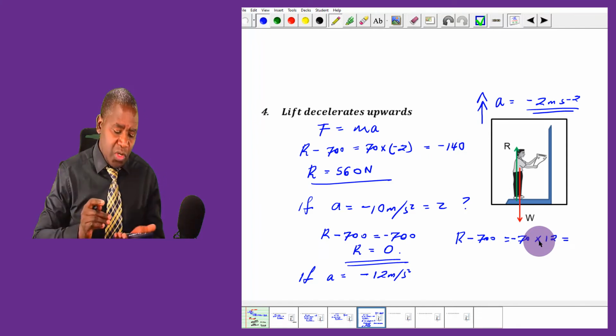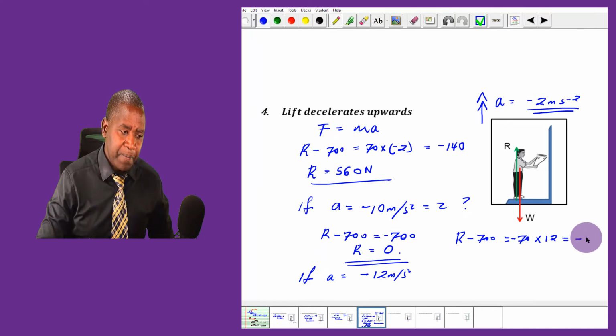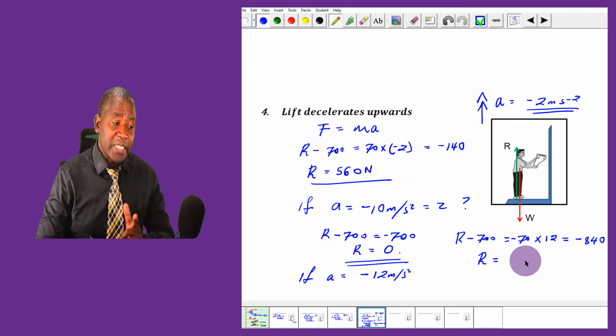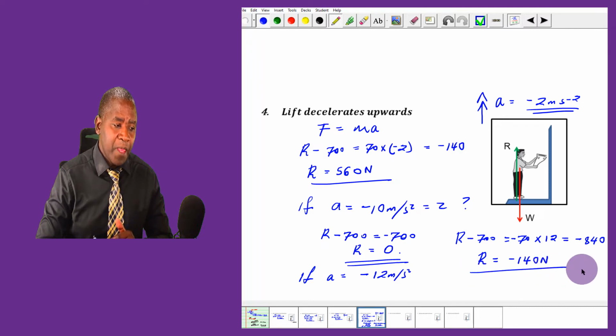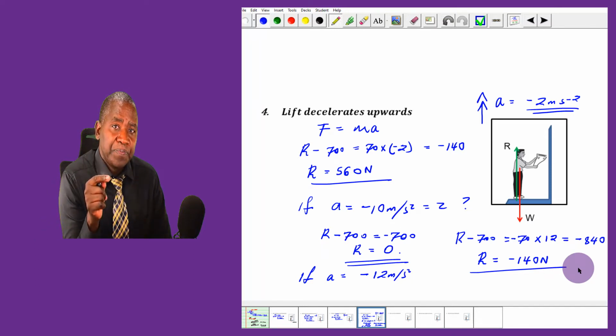That will give us minus 840 newtons, meaning that if I add 700 to both sides, the value of R will be minus 140 newtons. What does it mean if R is minus 140 newtons?